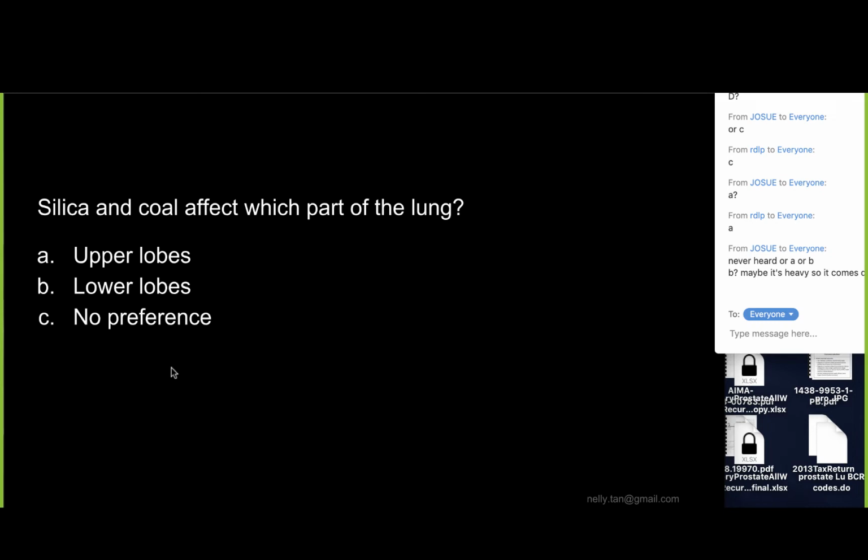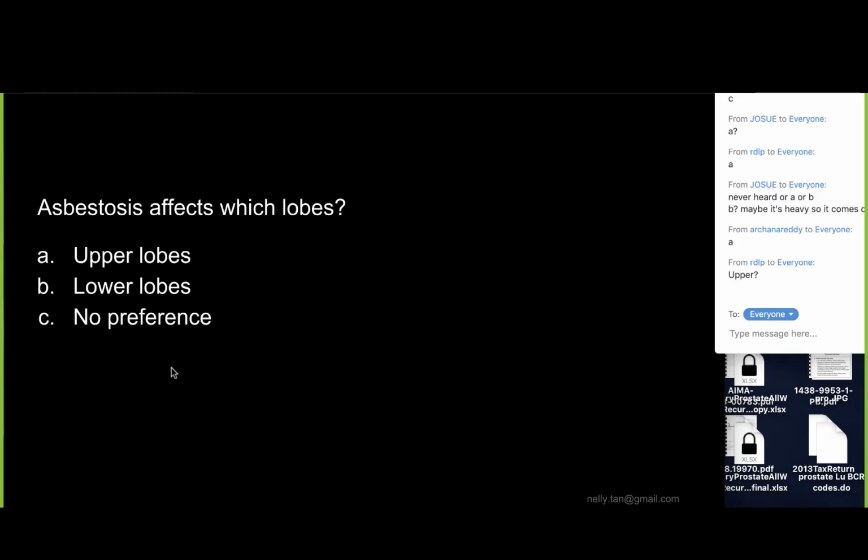Okay, that's reasonable. Anyone else? Or are we all thinking it's probably B? Okay. Asbestosis affects which lobes? Upper, lower, or no preference? Asbestosis affects which lobe? This one's also coming out of First Aid.